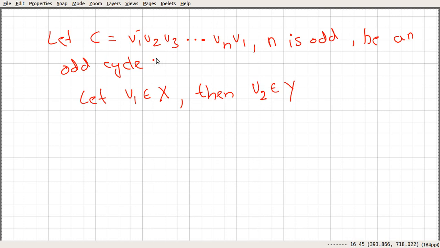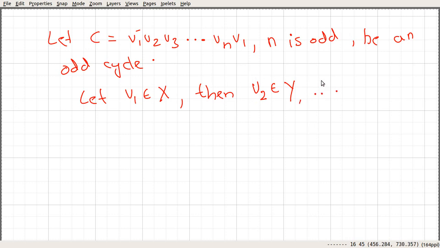Similarly, since V2 is an element of Y, V3 must go to X. Since V3 is an element of X, V4 must go to Y, and so forth.